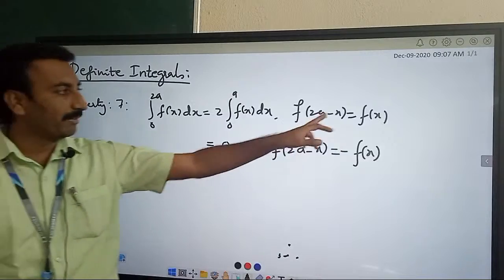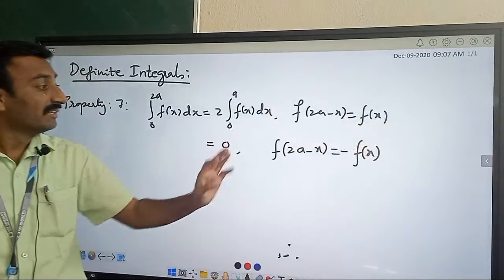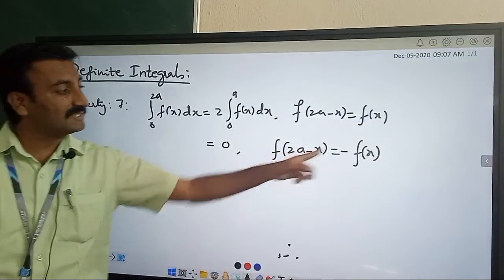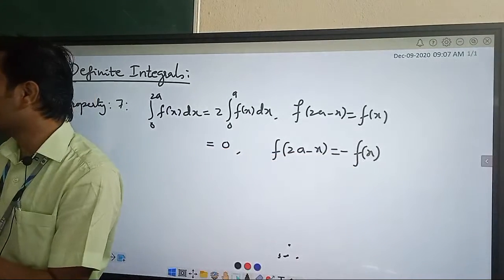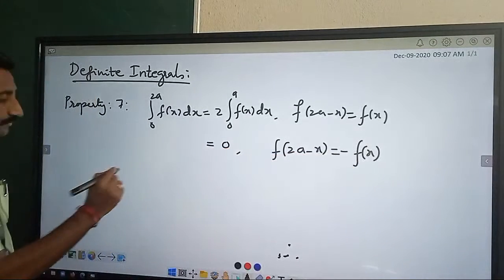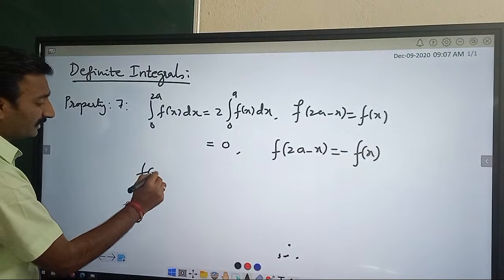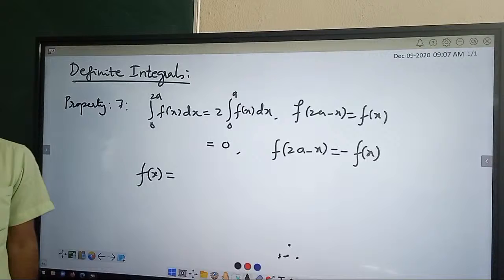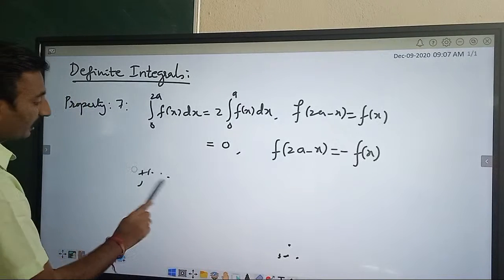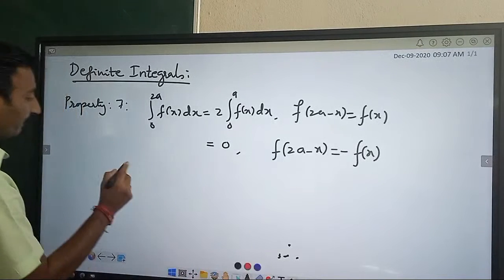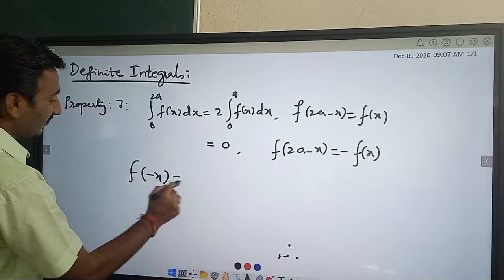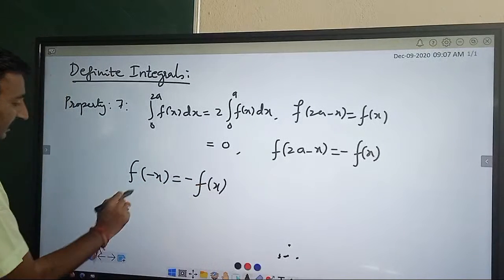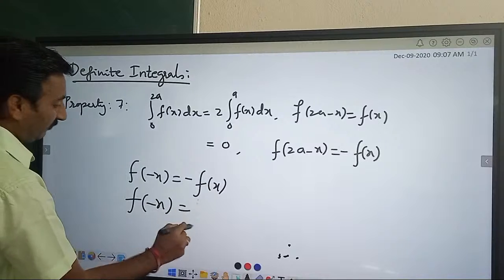Correct? And it is 0 because this is like an odd function. And one thing you must remember clearly is that f of x is the same as f of x, or else f of minus x is the same as minus f of x. F of minus x is the same as f of x.